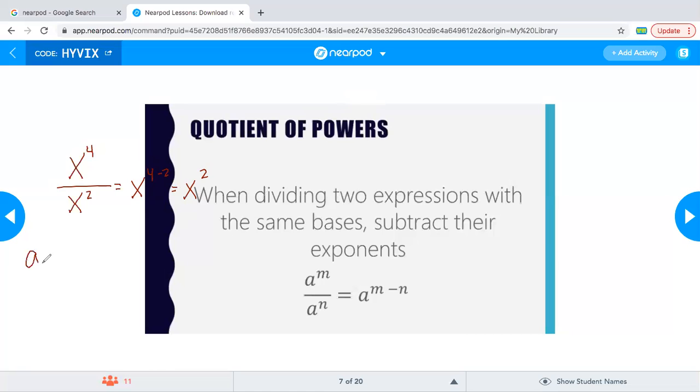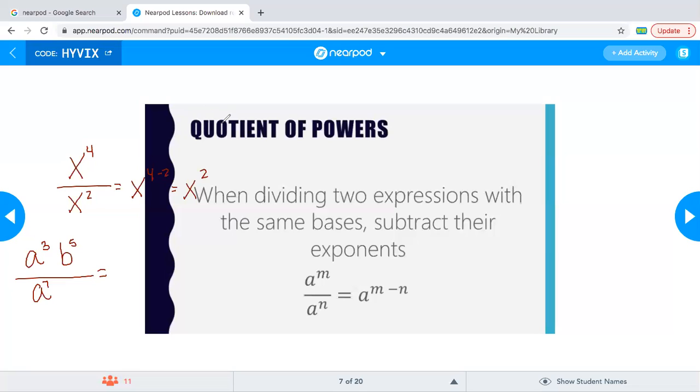If I had a to the power of 3, b to the power of 5, over a to the power of 7. Okay, good. But this is what I want y'all to think about.